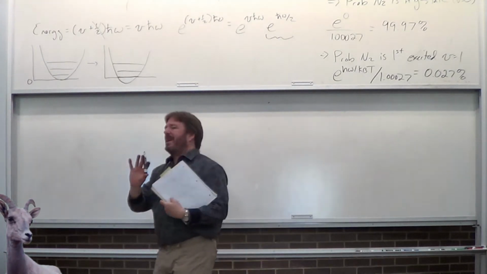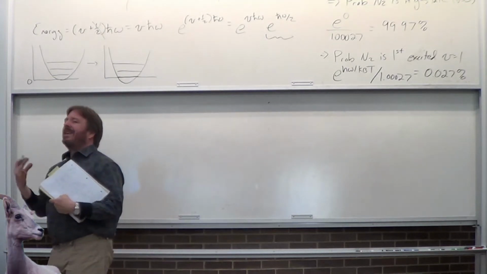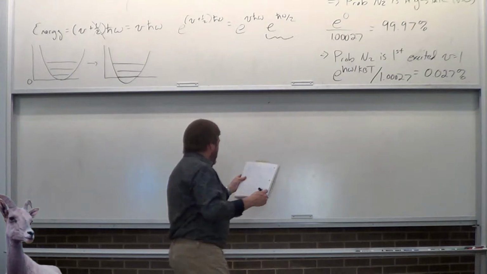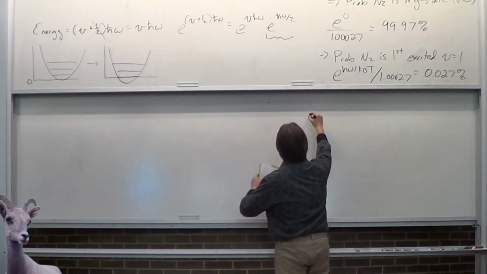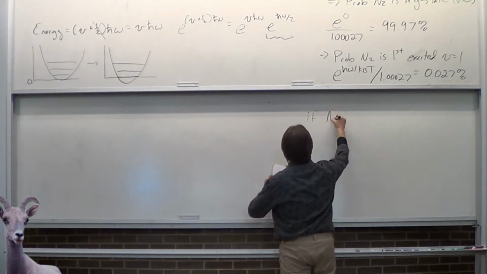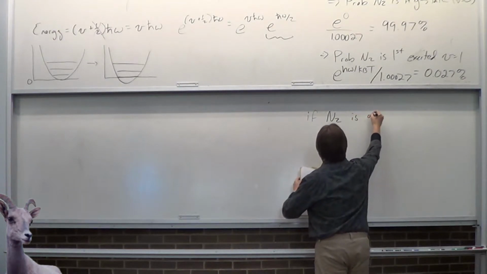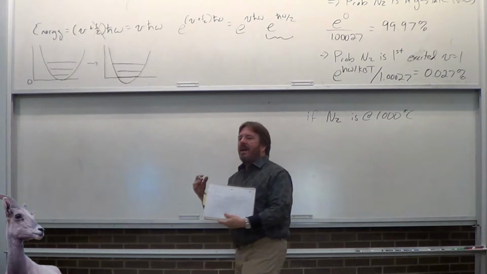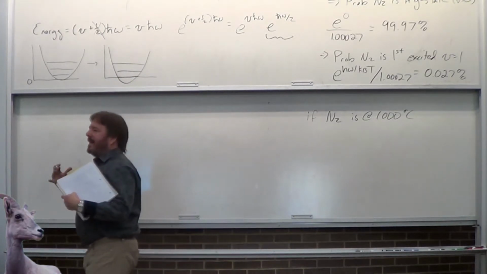They change, but it's really minuscule. And that means that, again, it's a dumbbell. It's not responding. So let me show you, though, what happens if N2 is at 1,000 degrees. See, now you can calculate this. So again, heat capacity is a measure.